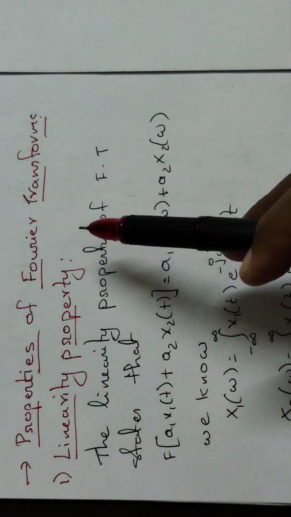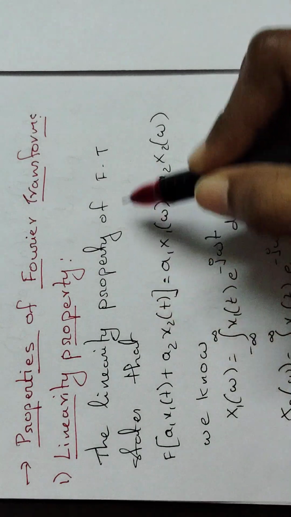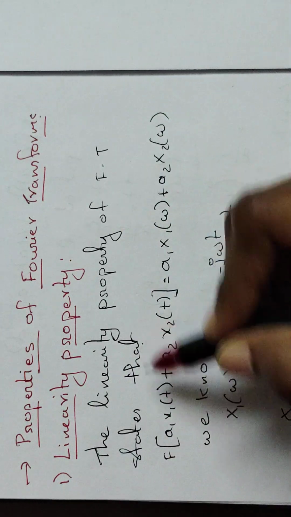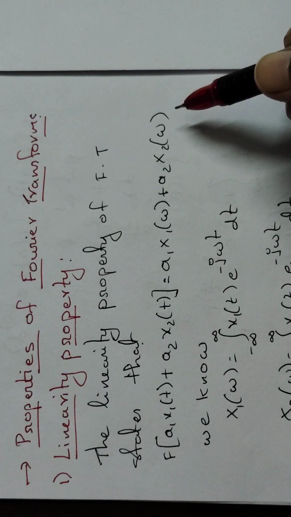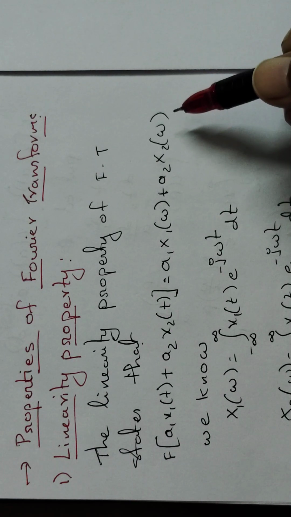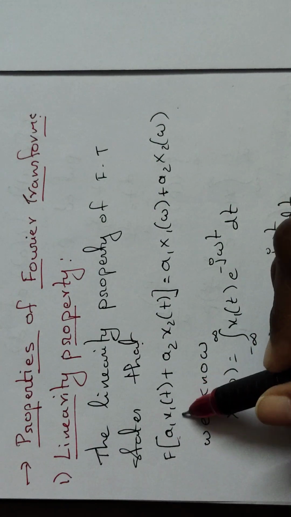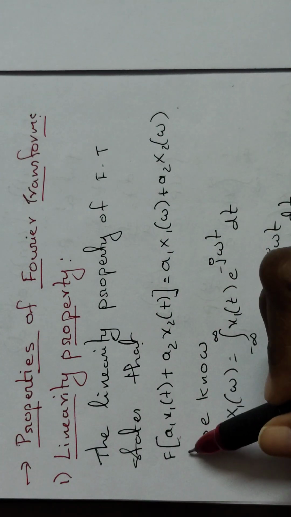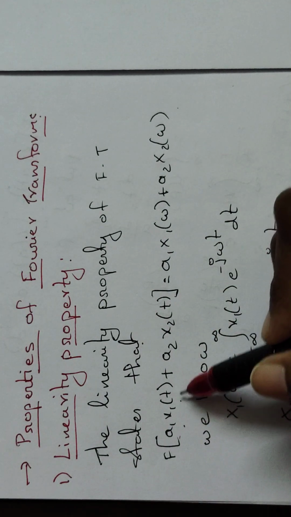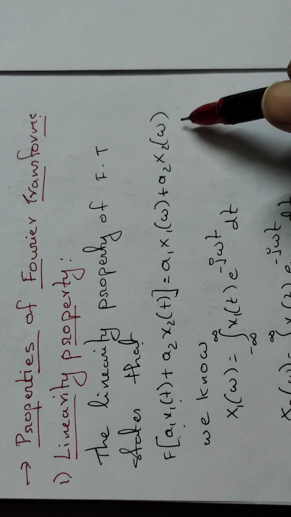The linearity property of Fourier transform states that, as we have already seen this equation in the classification of linear and non-linear systems, the weighted sum of two signals is equal to the weighted sum of the individual signals. So the Fourier transform of a1 x1 of t plus a2 x2 of t is equal to a1 x1 of omega plus a2 x2 of omega.